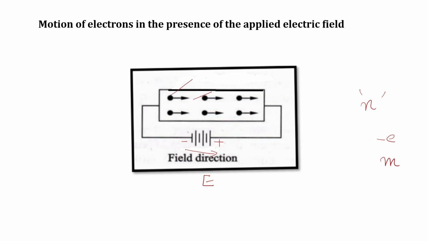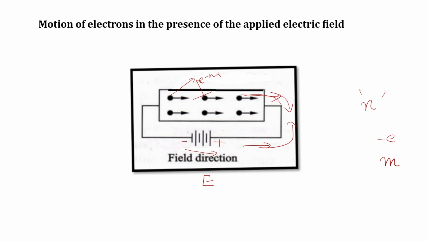This shows the electrons and this arrow denotes the motion of the electrons in the presence of the applied electrical field. The movement of the electrons in the metal is opposite to the applied field direction.